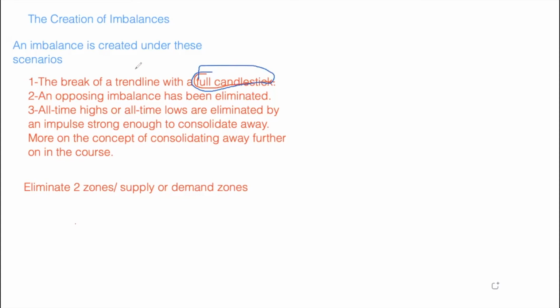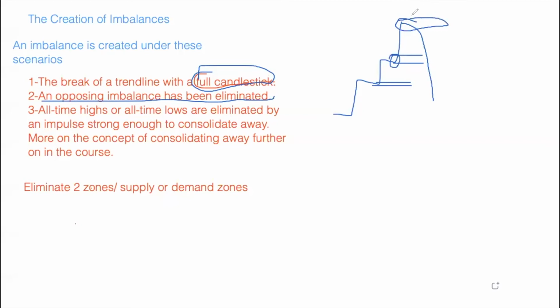It means you have to look at that position, right? If an opposing imbalance has been eliminated, all right? So meaning if this is where your price was going up and this was your zones, okay? When price falls down and then it removes this area, it means this area here is the area of interest. That way you have to look when you want to enter your position, all right?